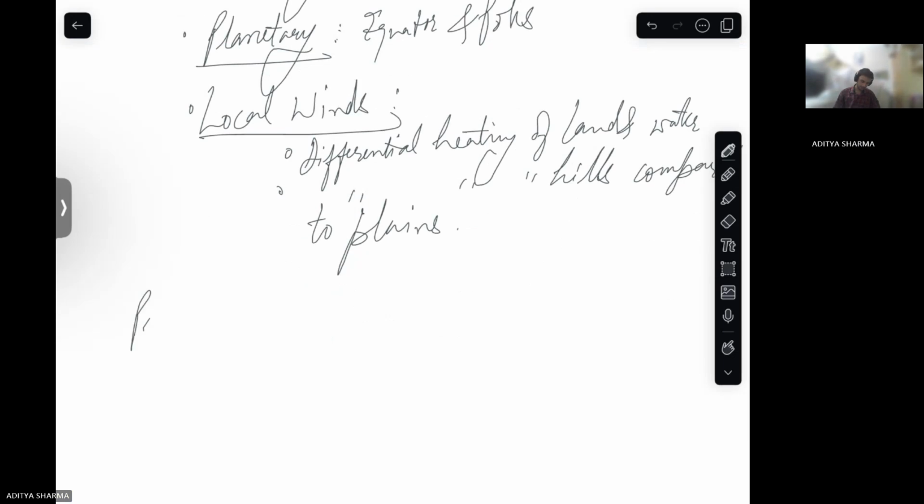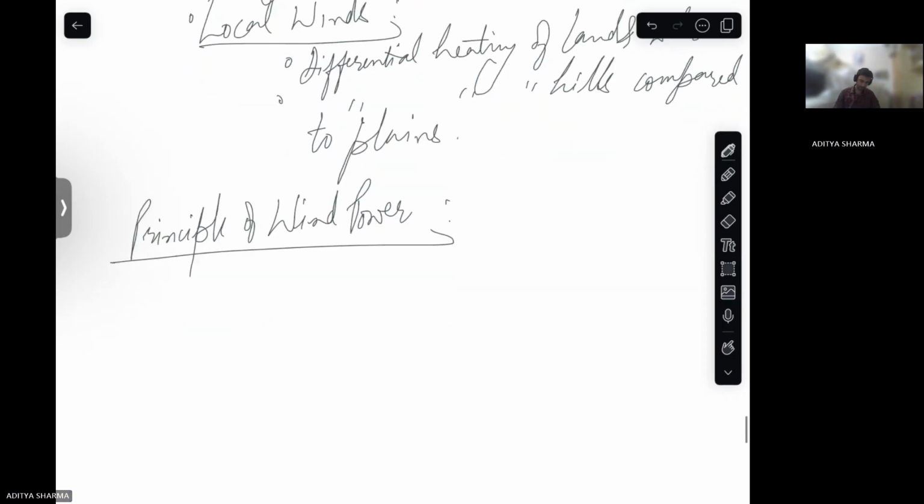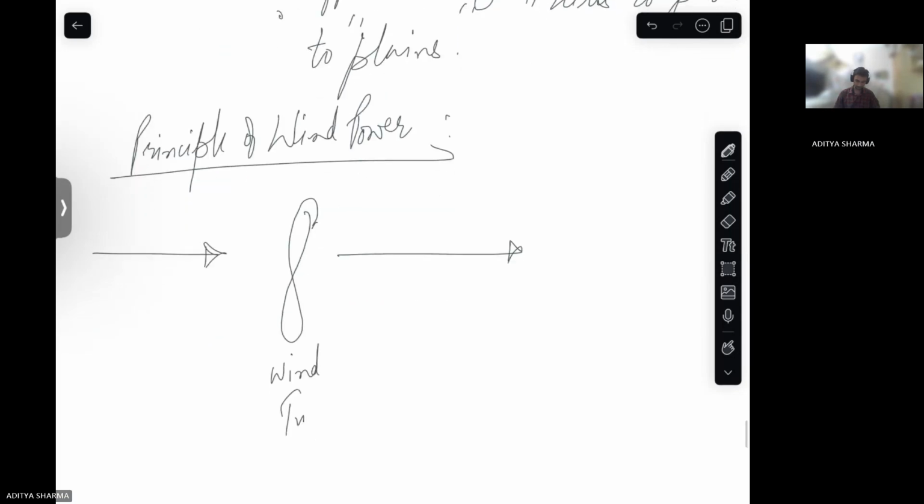Then is the principle of wind power. So you have air or wind entering and leaving your wind turbine. Initially it will have some velocity, at the exit it will have some velocity.